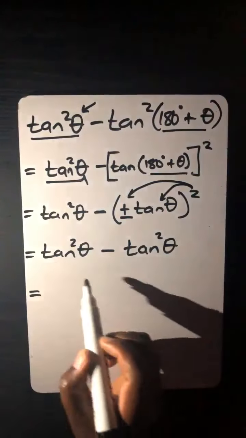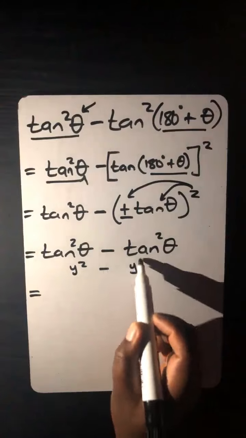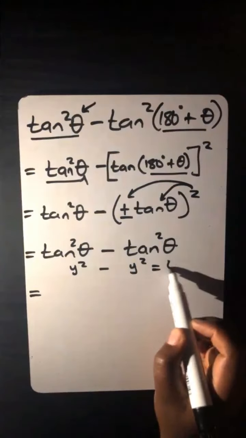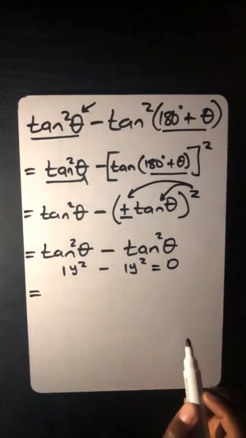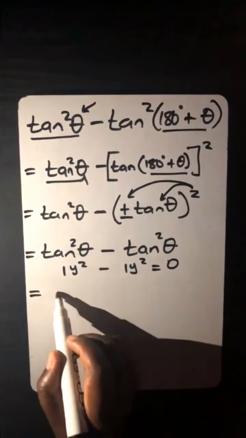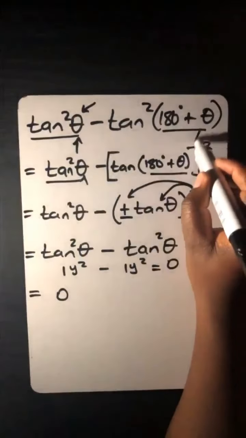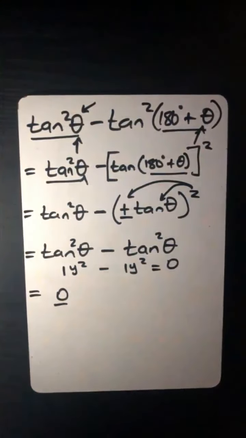So, guys, this thing is the same as y squared minus y squared. What is this, guys? It's 0, sir. It's more like you're saying invisible 1 minus invisible 1, which is equal to 0. So substitute it there and again substitute it there and check if it gives you 0.